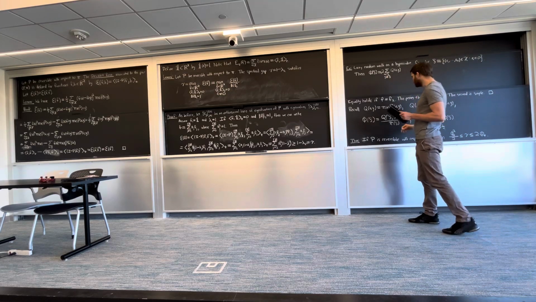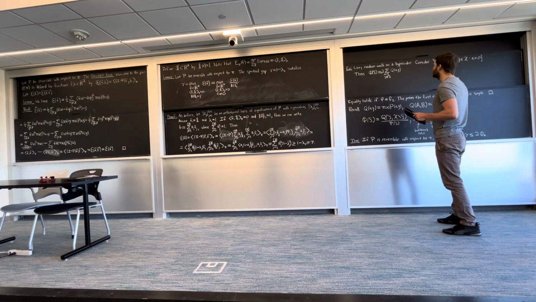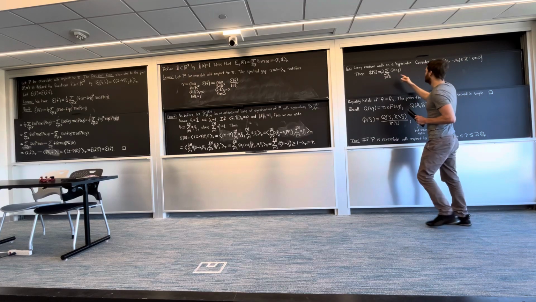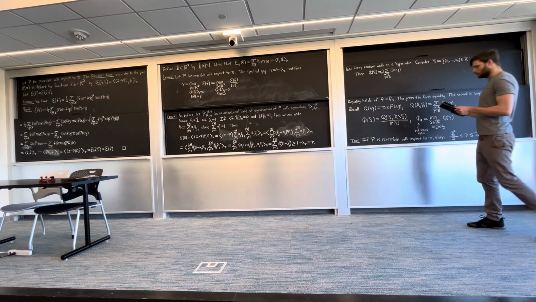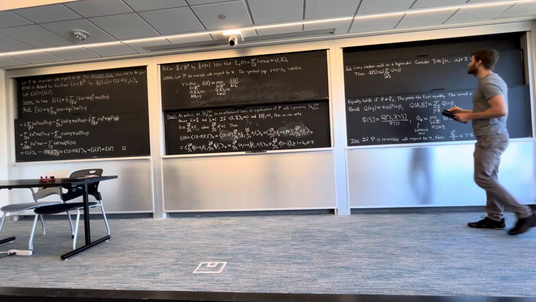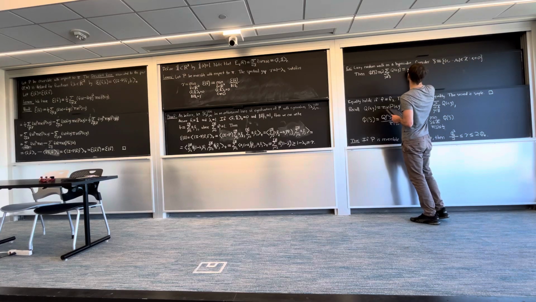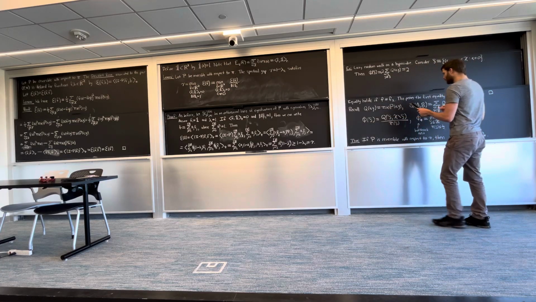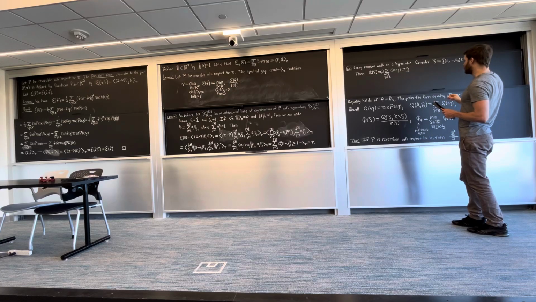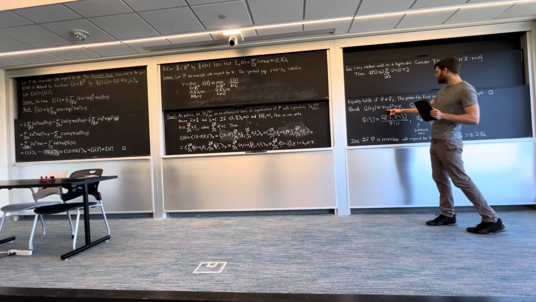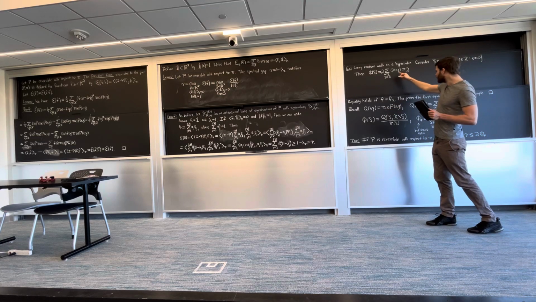Okay, so we get a 2, and then, what is Q of x, y? This is just going to be the stationary probability of x.